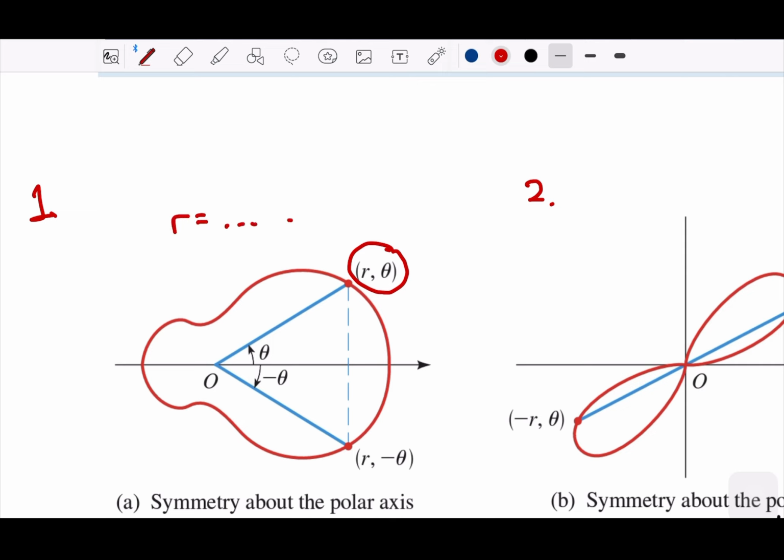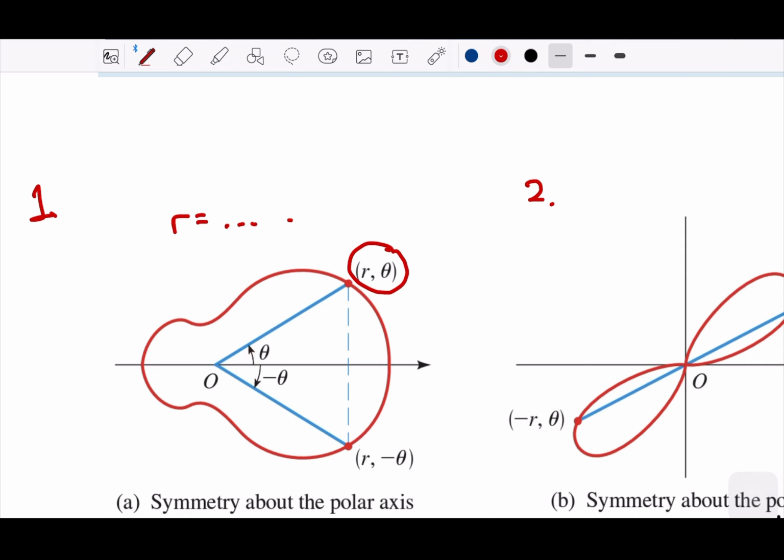And if we get the same r here, the negative theta is against the positive. In polar coordinates, we take the positive value of theta when we move from the polar axis going counterclockwise.